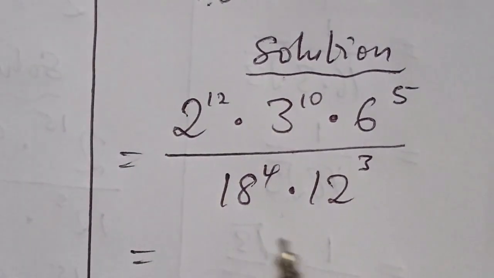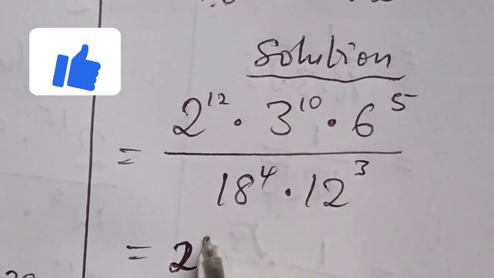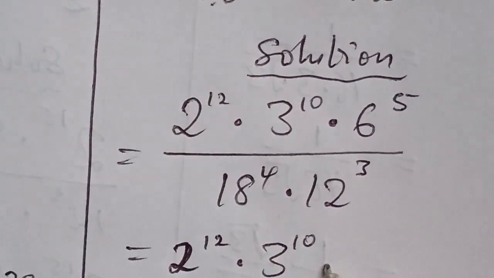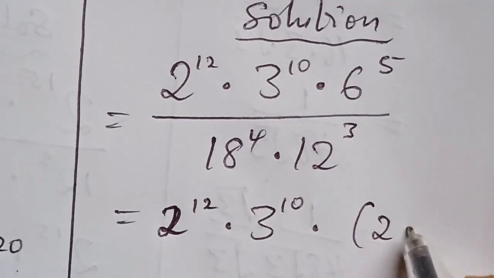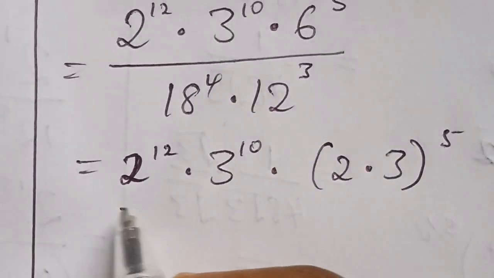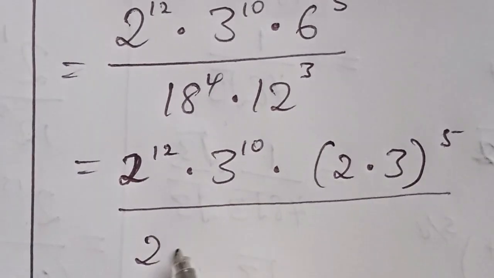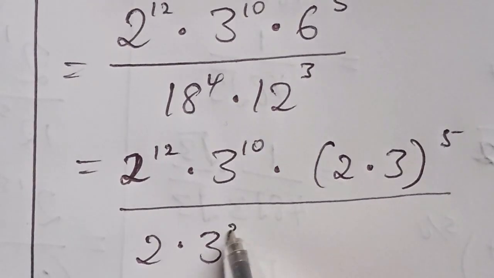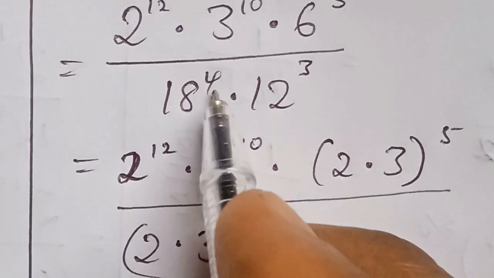This is simplified as 2 to the power of 12 multiplied by 3 to the power of 10, multiplied by 2 multiplied by 3, that will be to the power of 5, and that is over 18, which can as well be written as 2 multiplied by 3 squared, in brackets, to the power of 4.